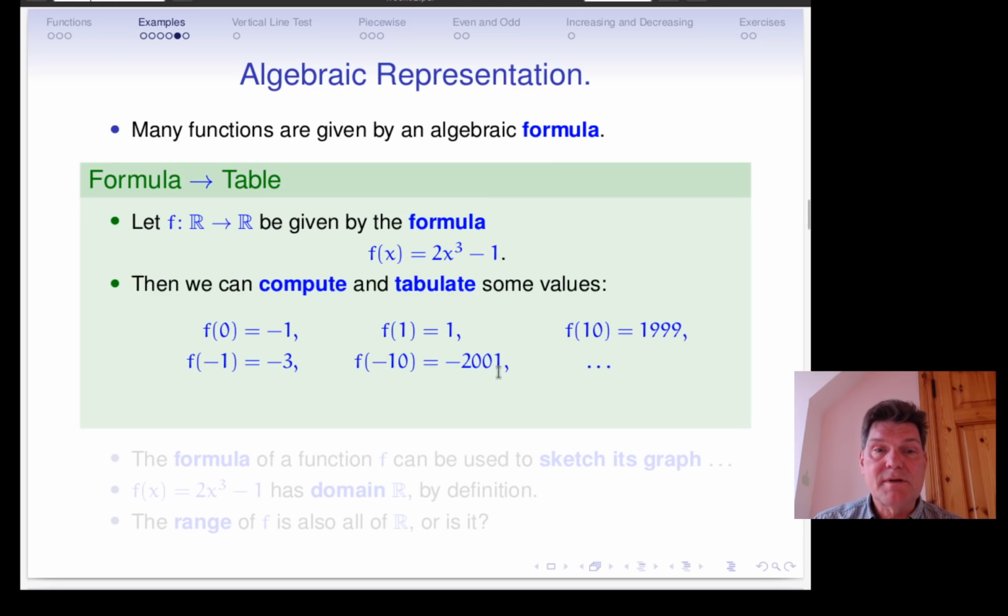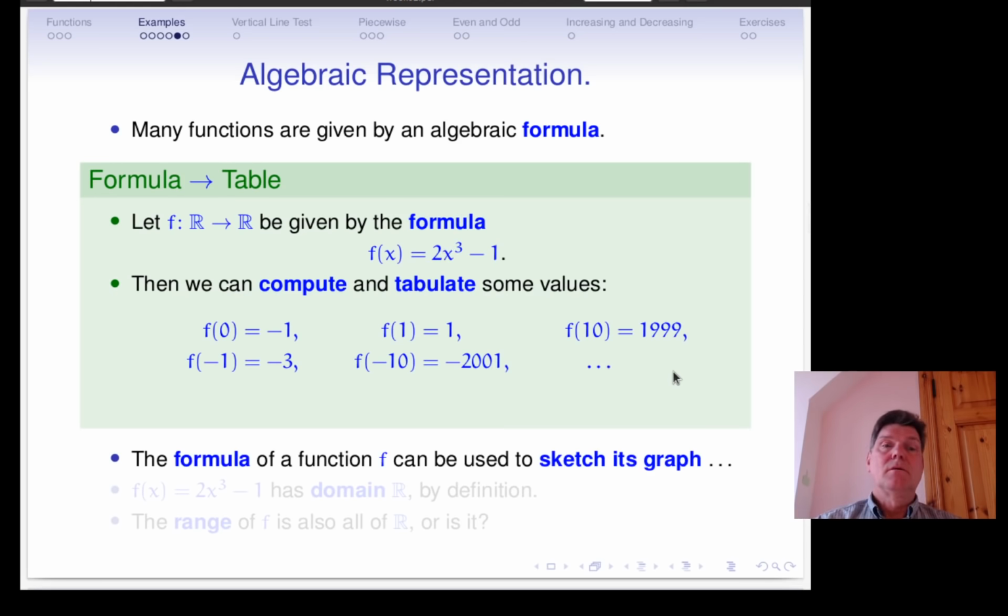f of minus 10 we can compute as 2 times minus 1000, minus 1, that's minus 2001, and so on, as we like. The formula for the function can also be used to sketch its graph.